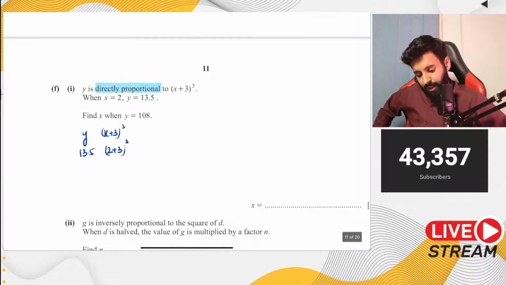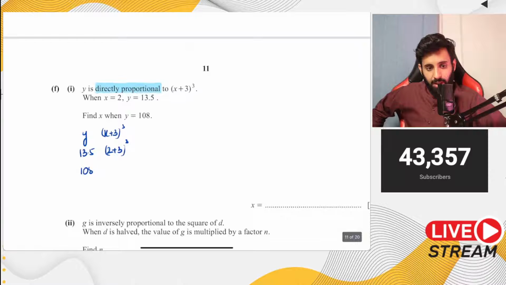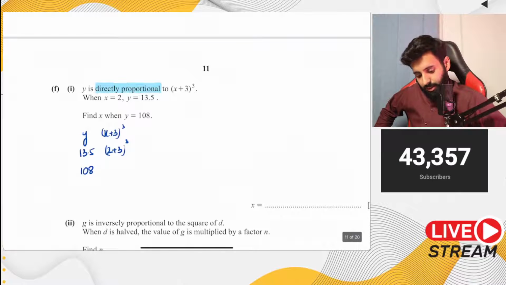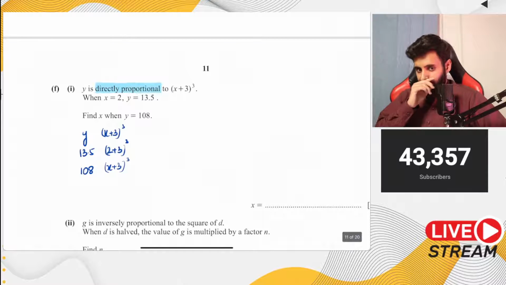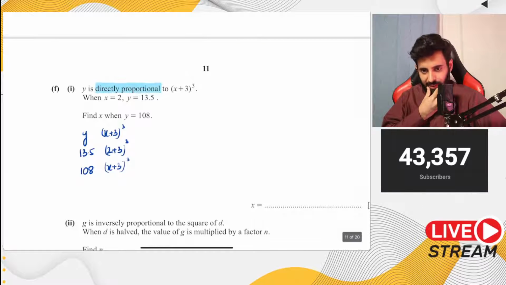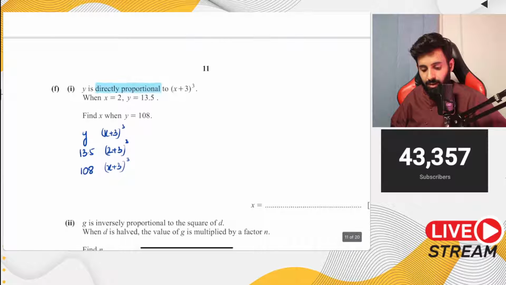So it says find x when y is equal to 108. So 108, and what do we have to do? We have to find out the value of x. So that means x plus 3 the whole thing cubed. Now be careful that this method only works when you don't have to find out the value of k, when you don't have to find out the formula.